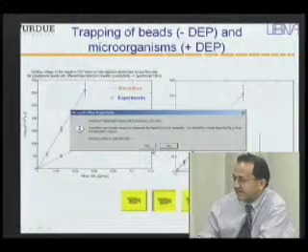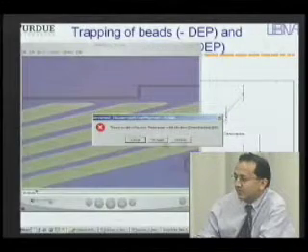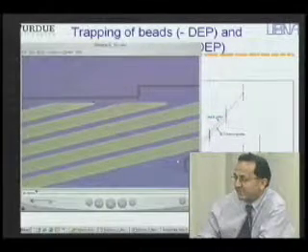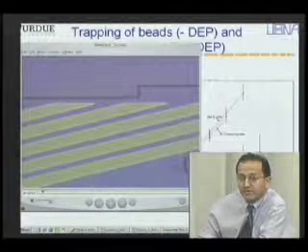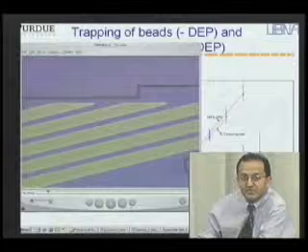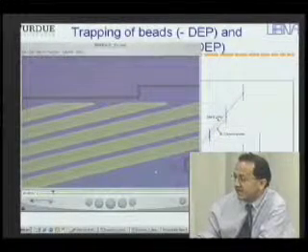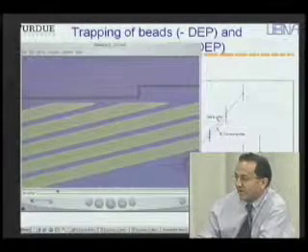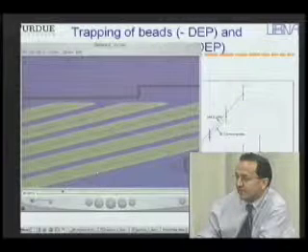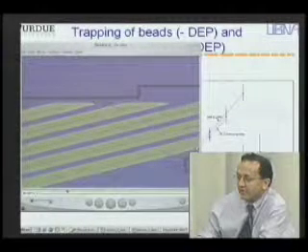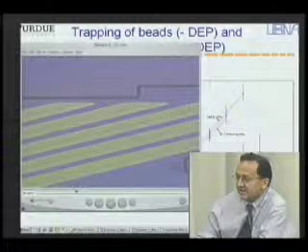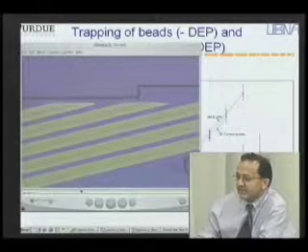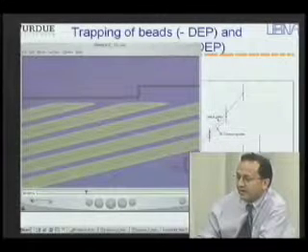Another example would be how you can manipulate particles and move them in different directions. What you see here is a real-time video of these little particles that are flowing from the left to the right. Hopefully you can see that in your video. There's a channel here at the bottom and a channel on the top, and then electrodes are at an angle to the flow. And when you turn the DEP on, these beads, in this case polystyrene beads, line up along these electrodes.